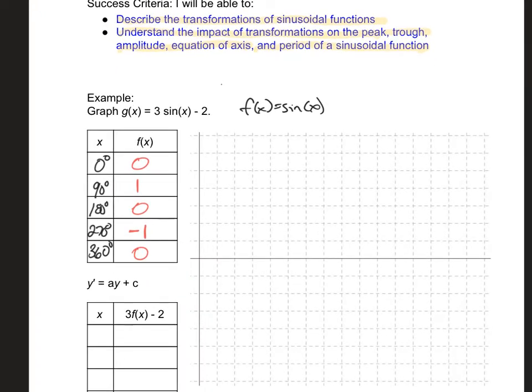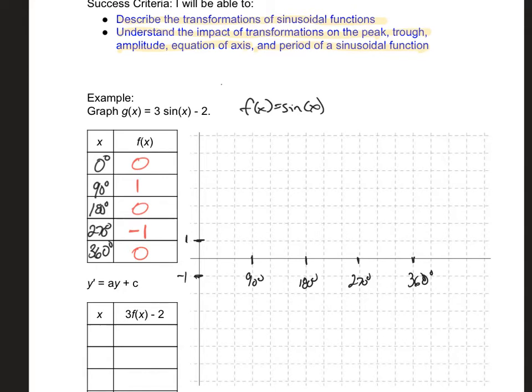For our scale, every 3 I will make 90 degrees. So 90 degrees there, 180, 270, and 360 would be there. And for the y-axis, we'll make every single line the value of 1.